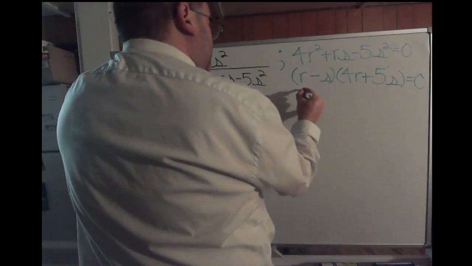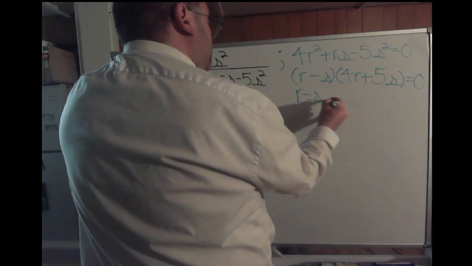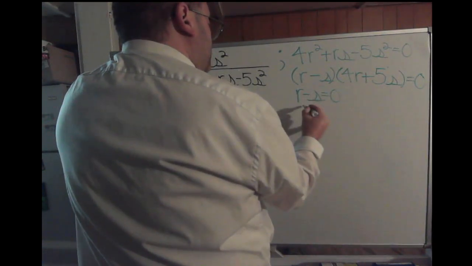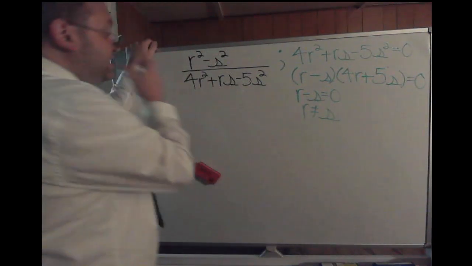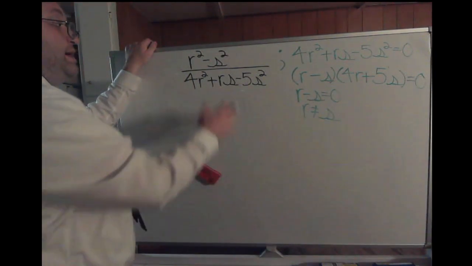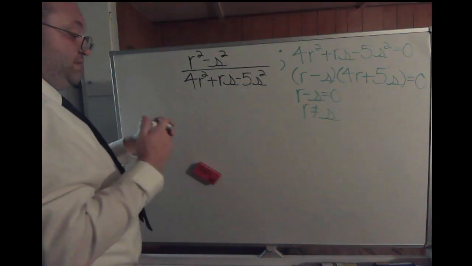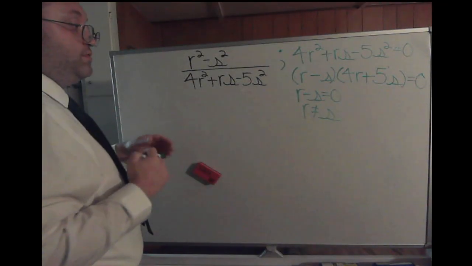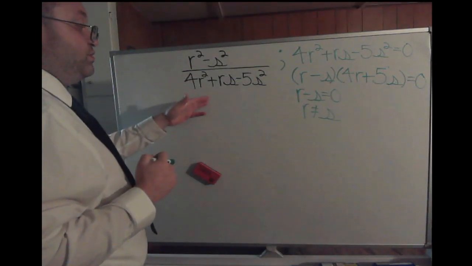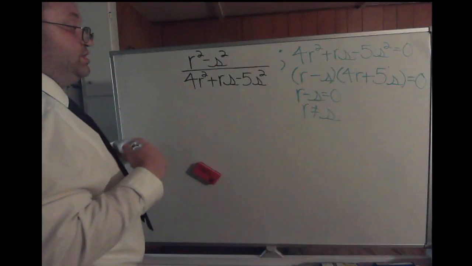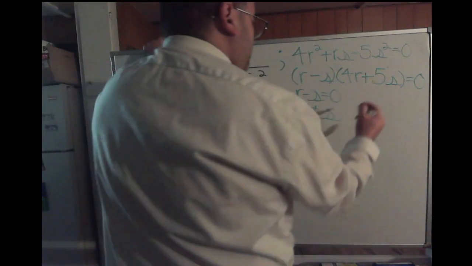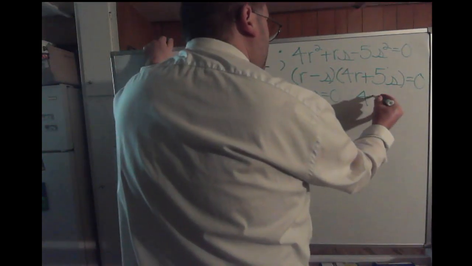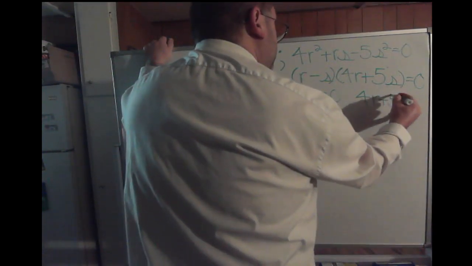So let's see, we'd have r minus s equal to 0, which means r cannot equal s. If r equals s, you'll end up getting 0 for your denominator, therefore rendering it useless, having a 0 denominator. Let's see, 4r plus 5s equals 0.